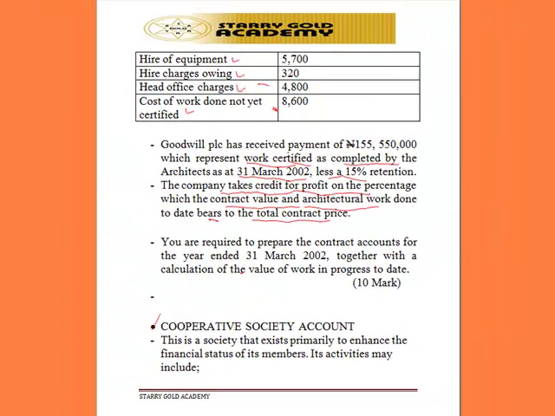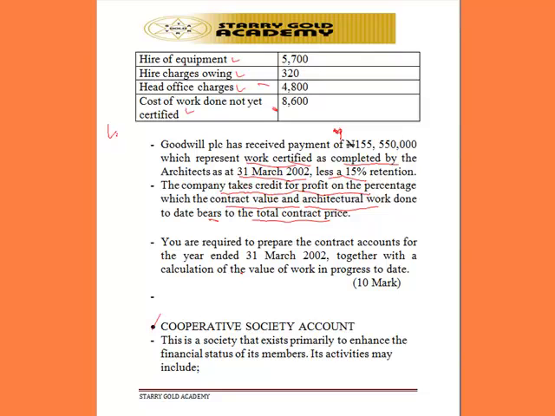Now, the company has received a progress payment of 155,550, which represents work certified as completed by the architect as at 31st March 2002, less a retention of 15%. So the value of work certified is this progress payment grossed up. The progress payment is 85% of the value of work certified.